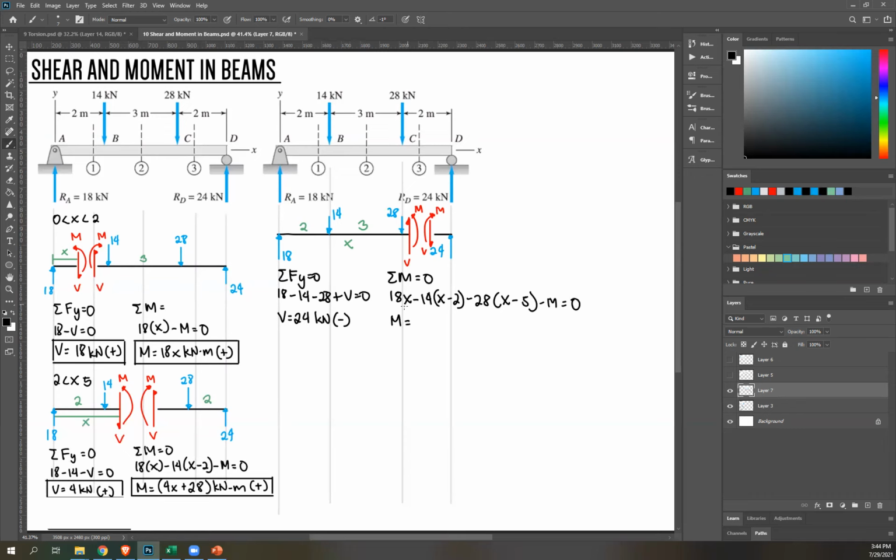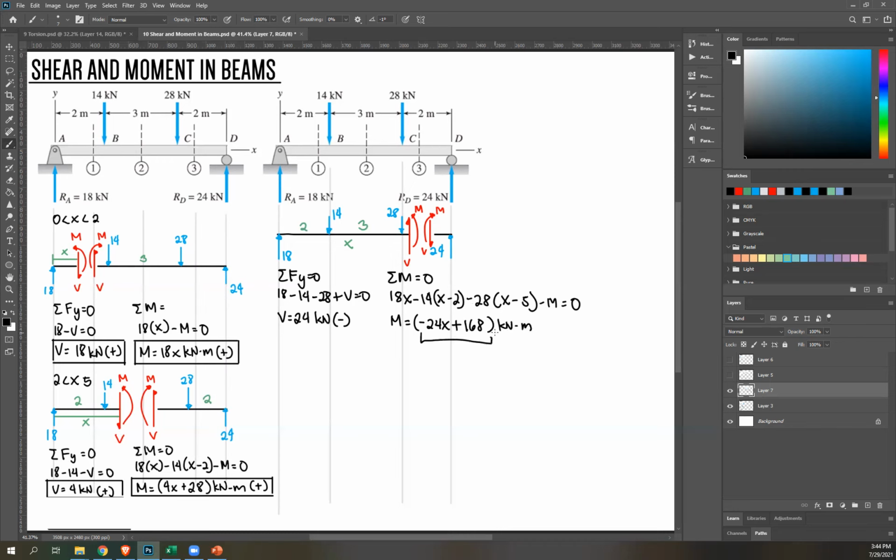Solving for m, you get 18x minus 14x minus 28x, you get negative 24x. Negative 14 times negative 2 plus negative 28 times negative 5, you'll get positive 168. Unit of this is kilonewton meter.